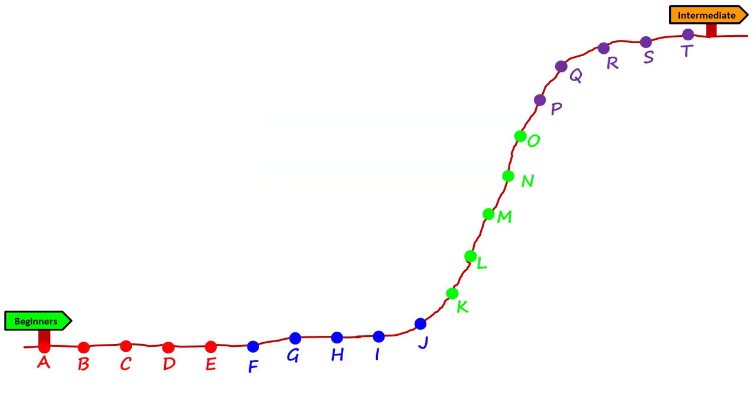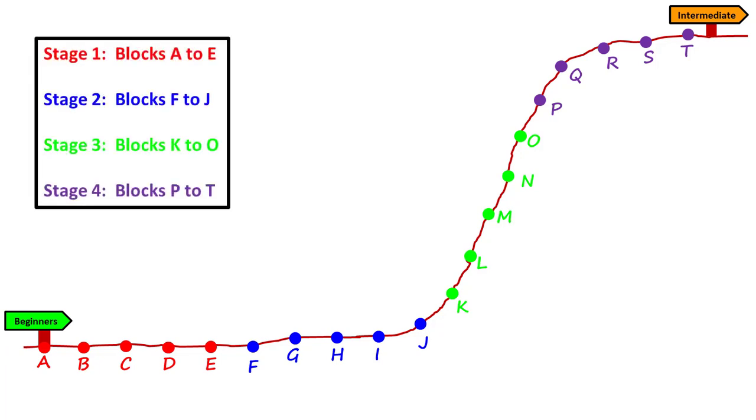Okay, so let's have a look at the curriculum that you're going to be following. This is divided into 4 stages. We've got the red, blue, green and purple. Stage 1 is blocks A to E, Stage 2 blocks F to J, Stage 3 blocks K to O, Stage 4 blocks P to T, and each of those separate blocks consists of about 15 units, and for each block you're going to be given a workbook.